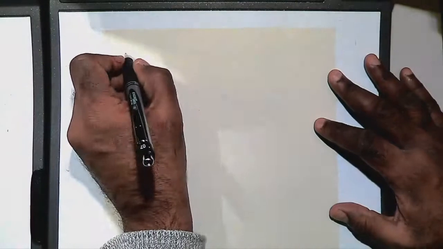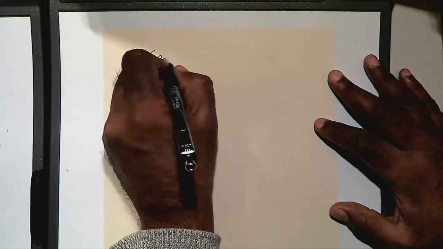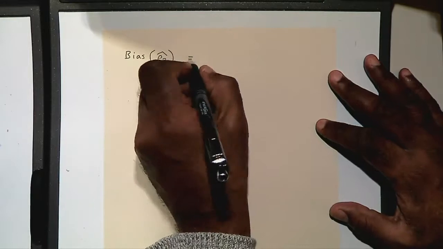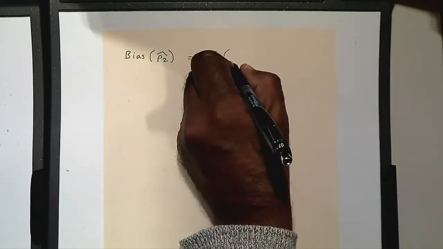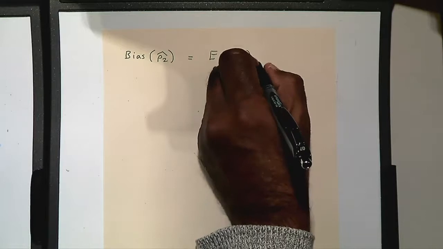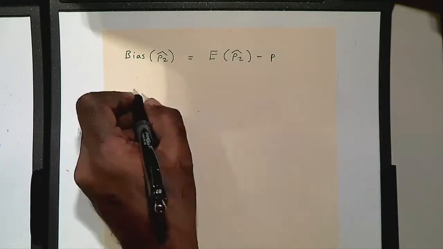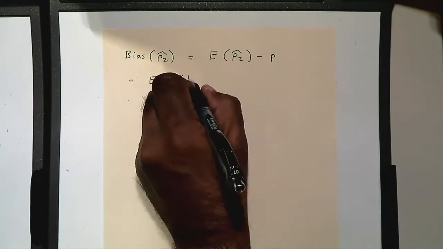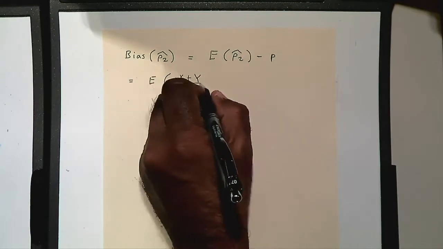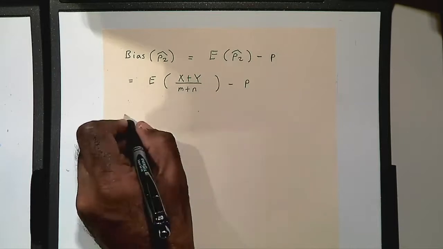So I'm going to find the bias of the second estimator, which is this, right? So it's going to be the expectation of X plus Y divided by m plus n minus p.